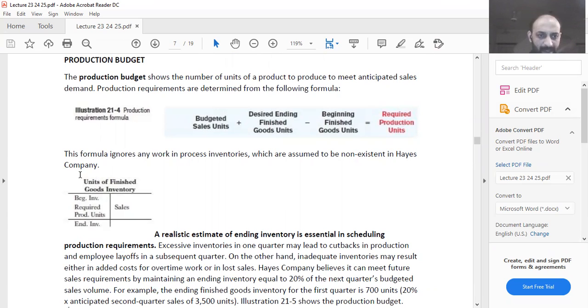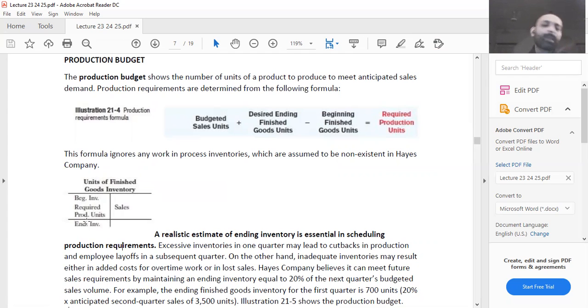For example, आप देखेंगे this is the T account for the units of finished goods inventory. So since finished goods is considered as your current asset, so आपकी beginning inventory comes on the debit side. ये आपकी beginning finished goods units आ गए. उसमें you add required production units, जो आपके required production units है, तो obviously you will debit the required production units, and जो sales होंगी वो आपकी होंगी reduction in the units of finished goods inventory.